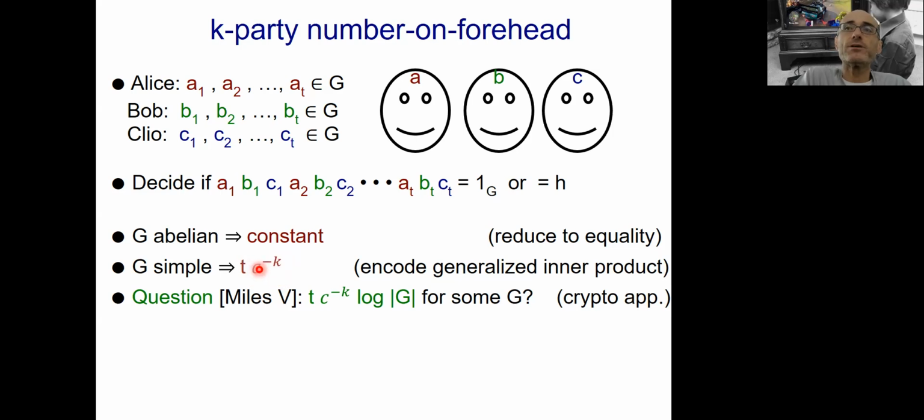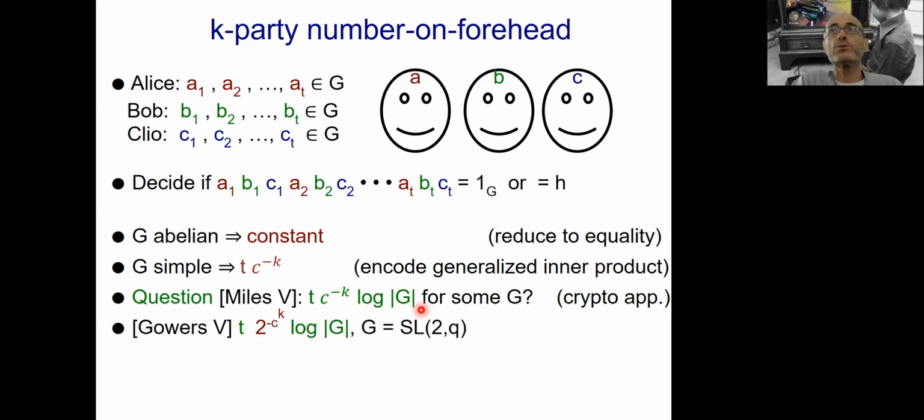And again, the question really for the cryptographic application was to improve the multi-party bounds to take into account the log size of the G factor. And this was done in a subsequent work with Gowers, which was a follow-up to the previous one I mentioned, in which we do prove such bounds, but on the negative side, the dependence on K is really bad.